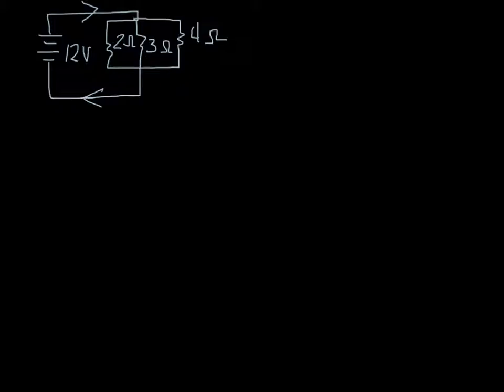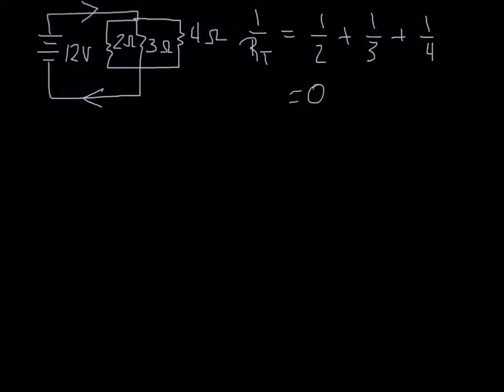Let's look at this circuit. We have, again, a 12-volt battery. We have a 2-ohm resistor, a 3-ohm resistor, and a 4-ohm resistor all in parallel. But we don't know the current. Let's try and find the current. We know 1 over total resistance is equal to 1 over 2 plus 1 over 3 plus 1 over 4. Get rid of the fraction.